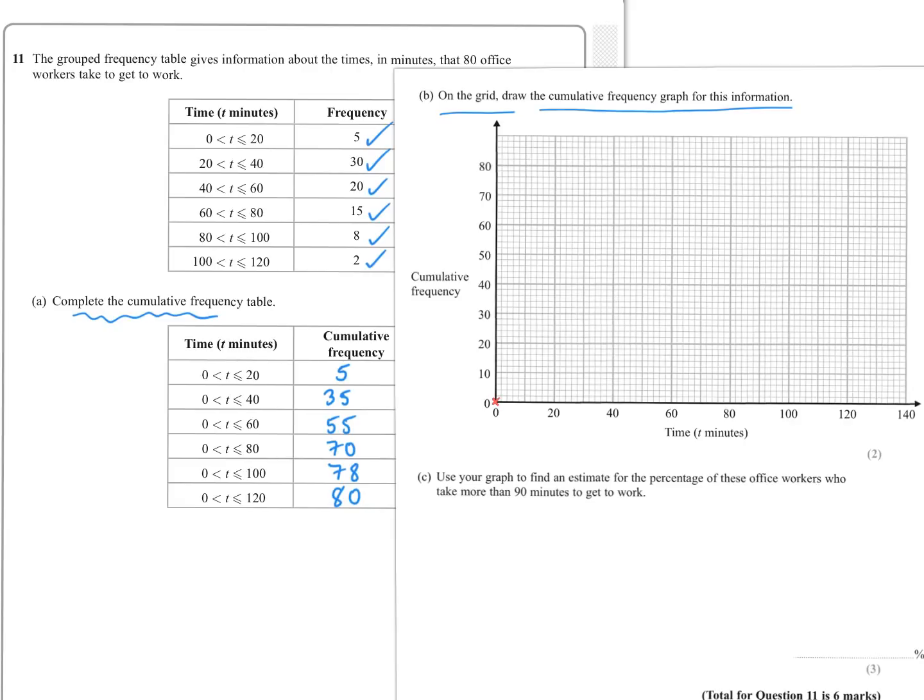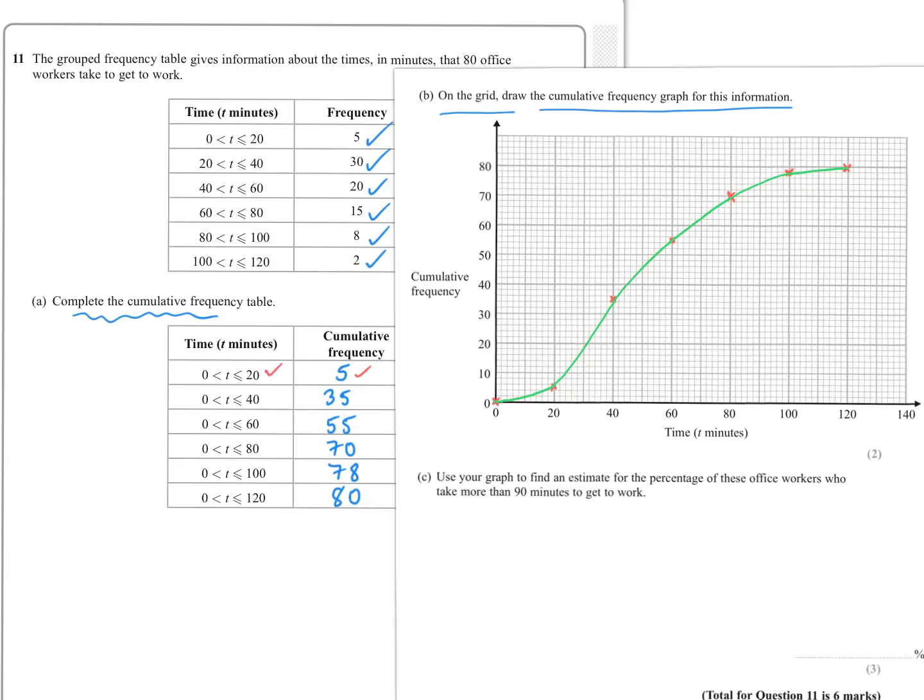So 0, 0, and then 20 versus 5, like so, and then we're just going to complete all the others. I'm then going to draw a nice smooth curve through all of those points carefully. I did that as best as I could. You can probably do better yourself.